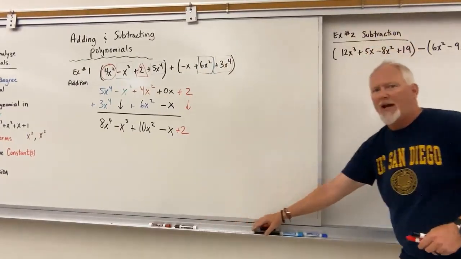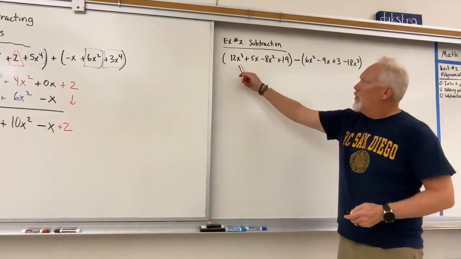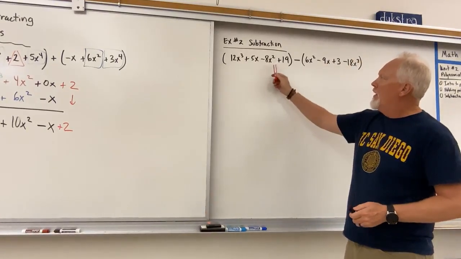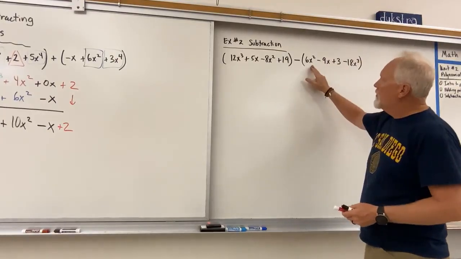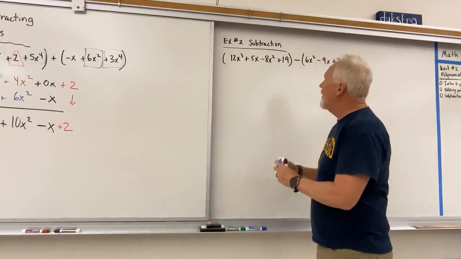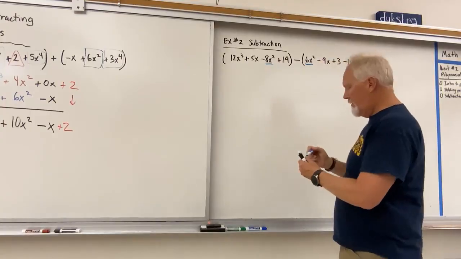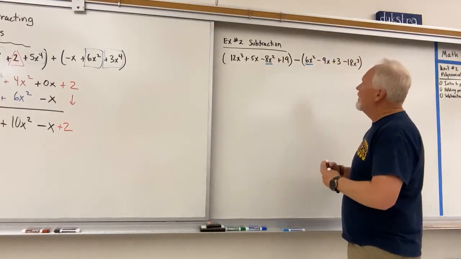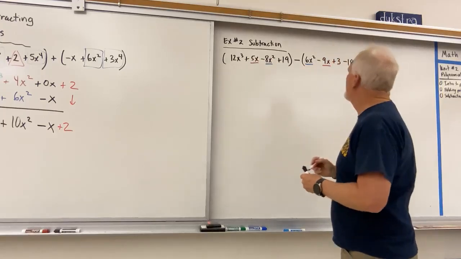So if we're subtracting now, we have 12x cubed plus 5x minus 8x squared plus 19. So we have an x squared here. So I'm going to underline an x squared and an x squared. And then I've got a 9x and an x.